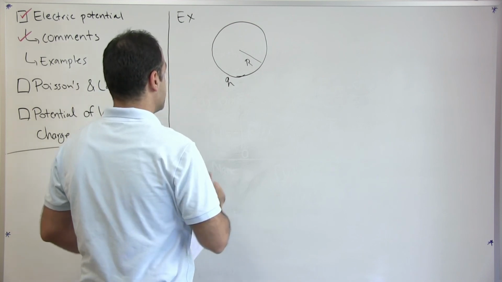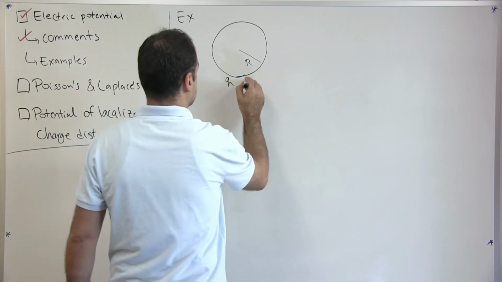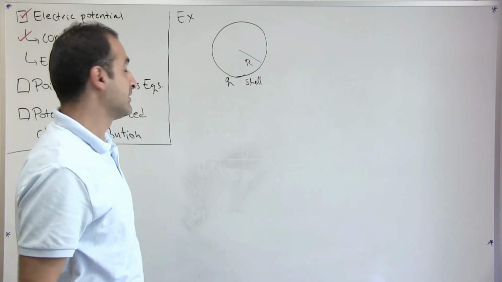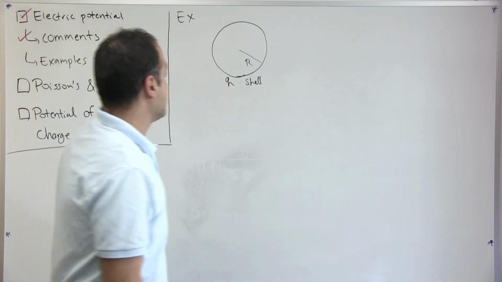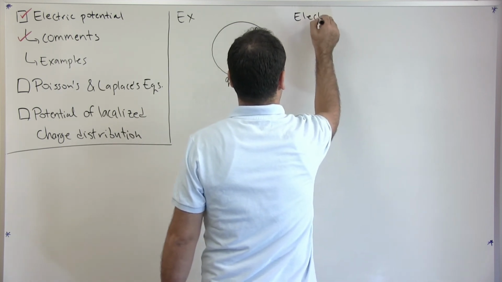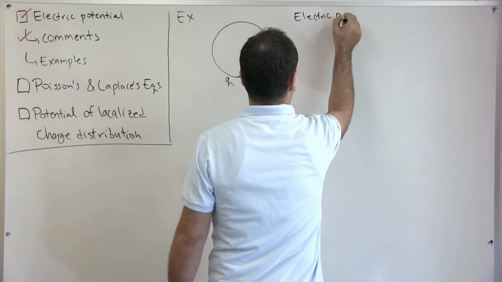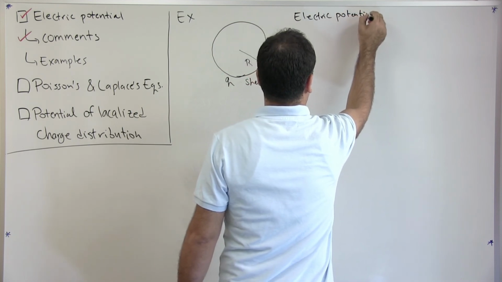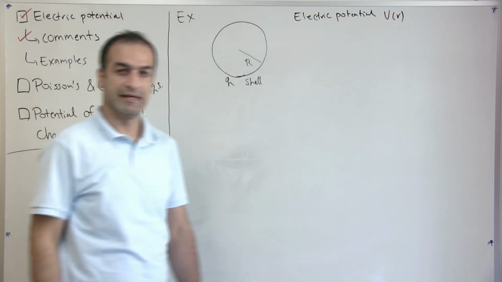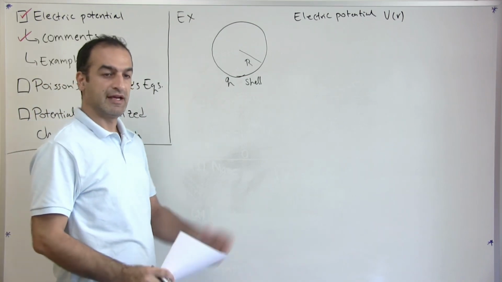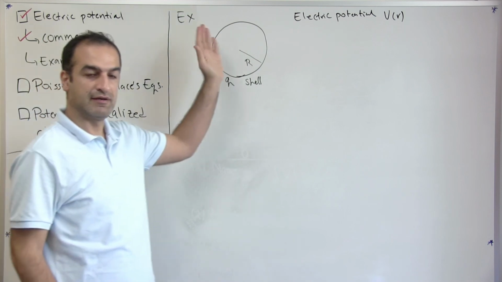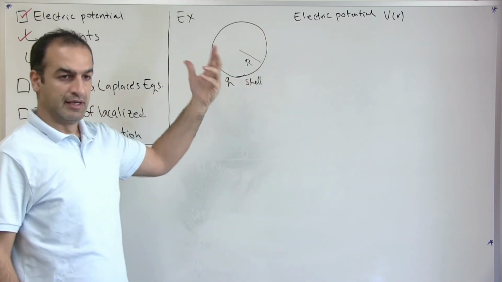Okay, so this is a shell and not a solid surface, not a solid sphere, and we are trying to calculate electric potential. It's one of those cases where we have a spherical symmetry, so we don't need to be worried about the angles theta and phi.